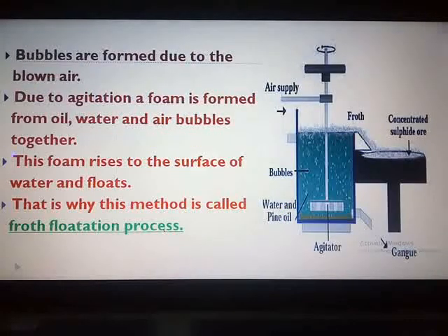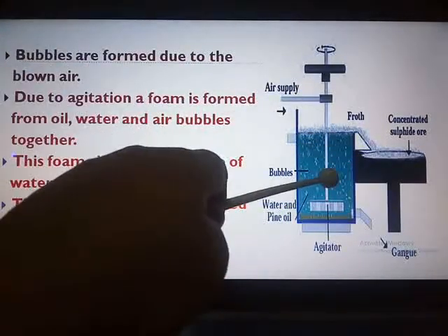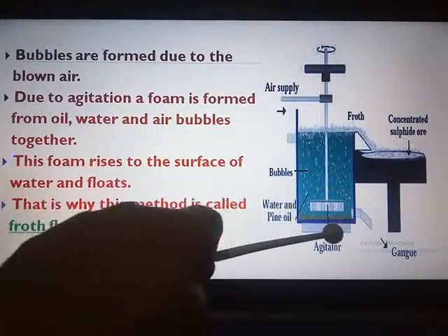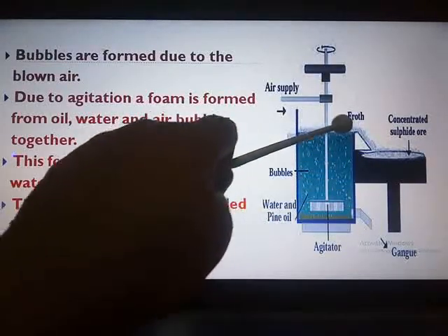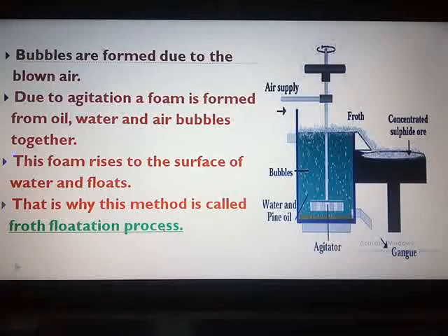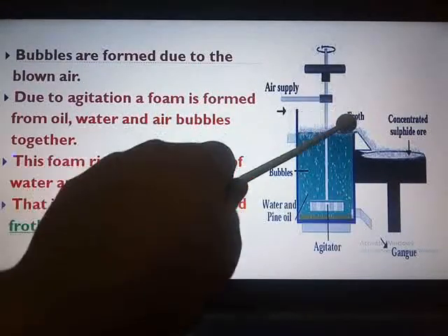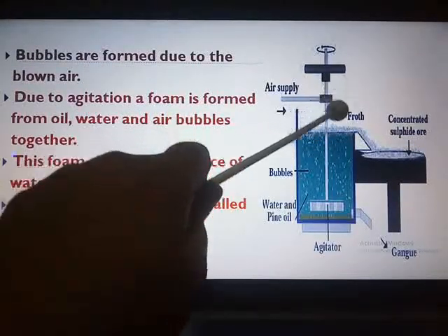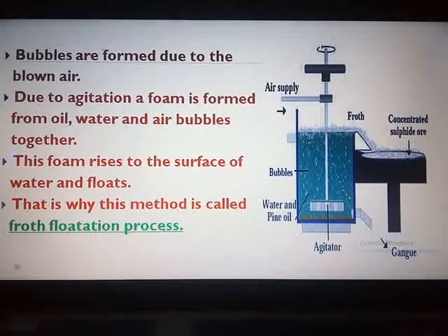Bubbles are formed due to the blown air, and due to continuous agitation, a foam is formed from oil, water and air bubbles together. This foam is lighter, so it rises to the surface of the water and starts floating, and hence this method is called the froth flotation method.